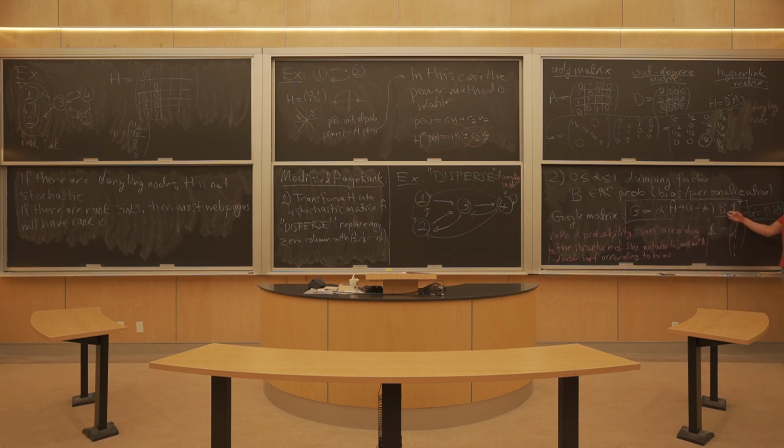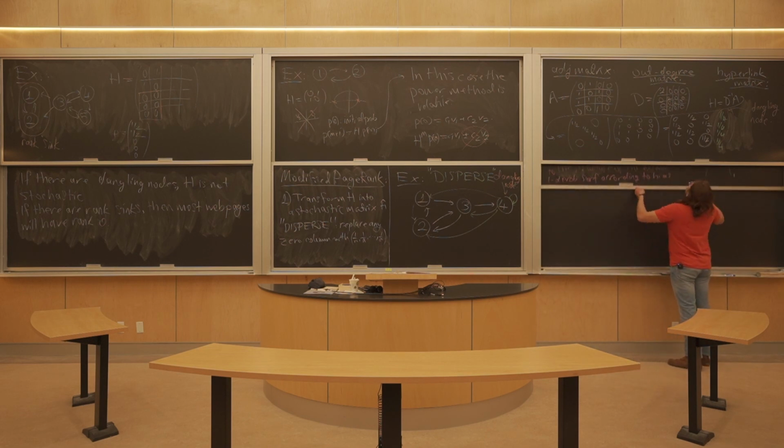So what do you do with this? Instead of looking at an eigenvector for H, let me look at an eigenvector for G, this modified matrix. Let me write that here.